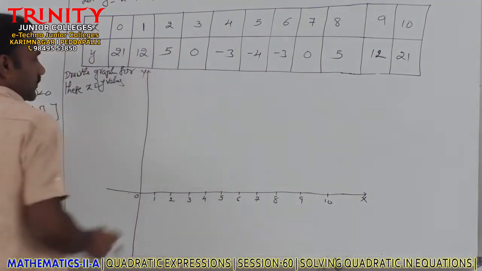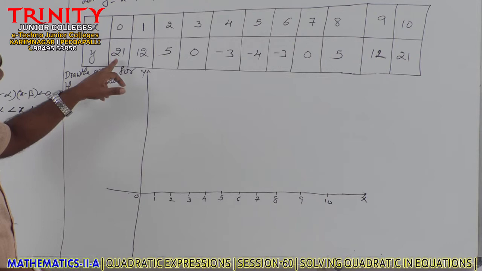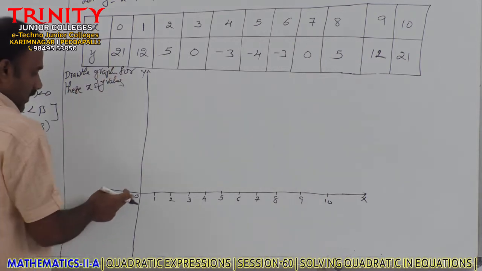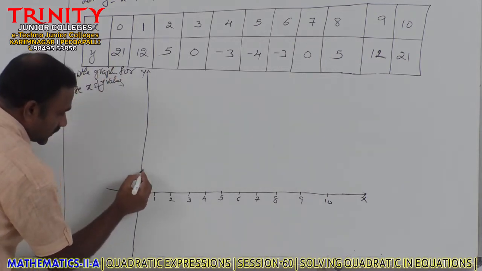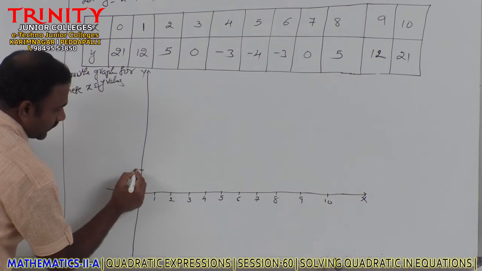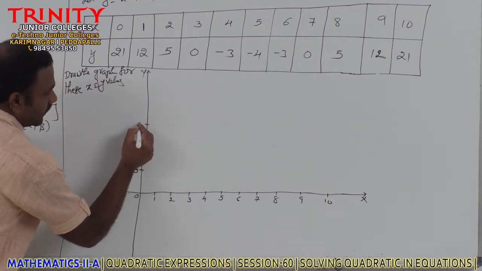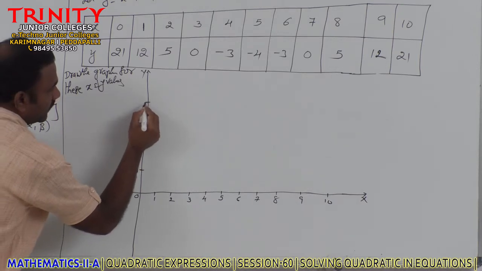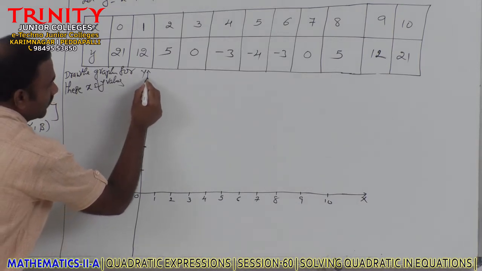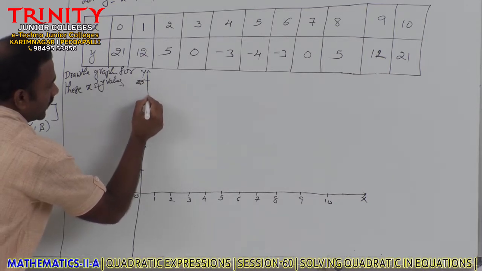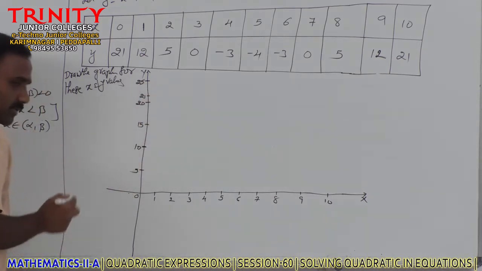On the y axis the maximum value is 21. I am not taking 1, 2, 3, 4 directly; I am taking a width of 5: 5, 10, 15, 20, and this is 25. We need 21, that's why I mentioned 21.